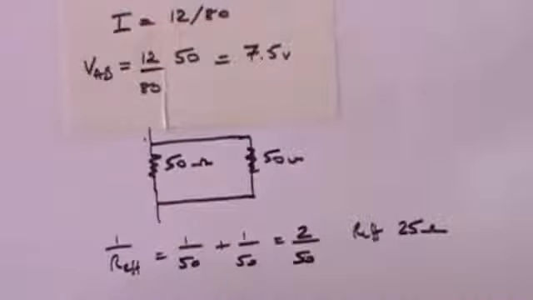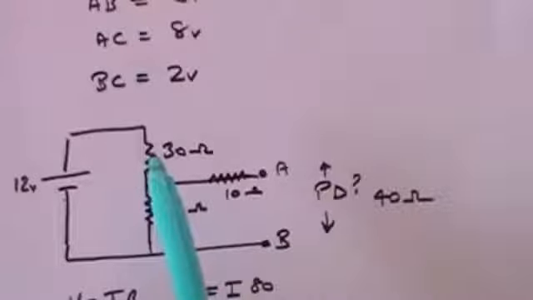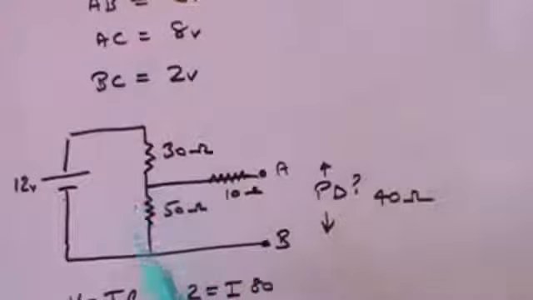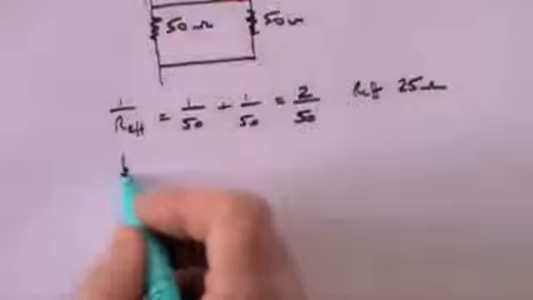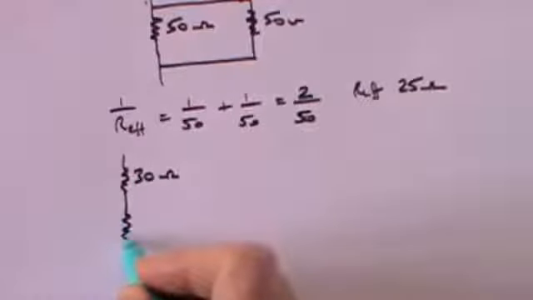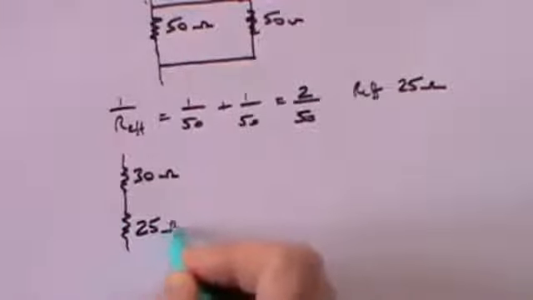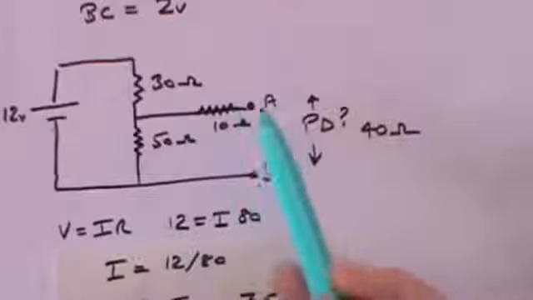So now you can say that this entire circuit, which includes a 40 ohm resistance here, is made up of a 30 ohm resistor here and an effective resistance of 25 ohms. So it effectively reduces to 30 ohms and 25 ohms, which is the effective resistance of the three resistors, the 50, the 10 and the 40 across here.